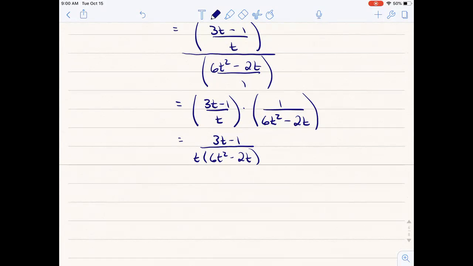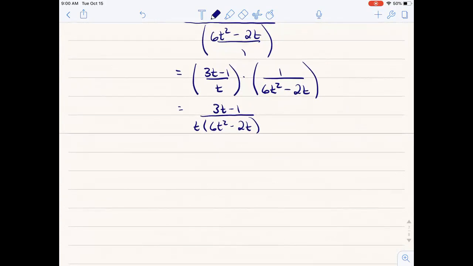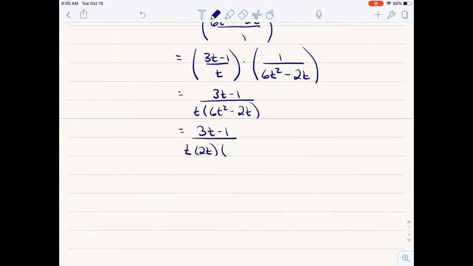What can I pull out? I can pull out a 2t from these, at least in the denominator. And so I rewrite this as 3t minus 1 over t times 2t times (3t minus 1). If I pulled out 2t from 6t squared, I get 3t. And then if I pull out 2t from 2t, I'm left with just 1, because when I'm pulling it out, I'm actually dividing.